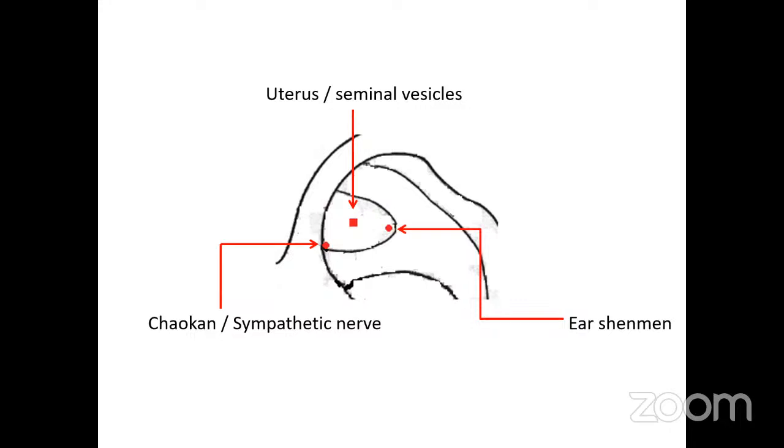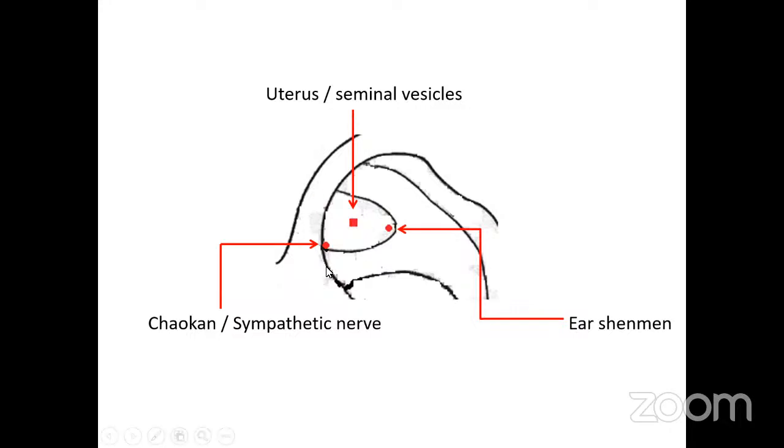Where is heart 7? Anyway, this is the Shenmen here. Heart 7 is on the wrist crease, just radial to the pisiform bone on the distal wrist crease.